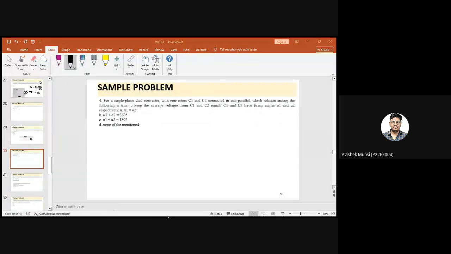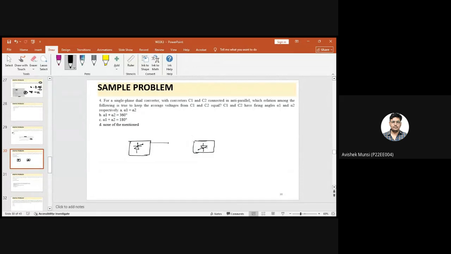So for your understanding, I'm saying that the dual converter has two bridges. Okay. So if you have a bridge and if you have another bridge in an inverted way, this is a dual converter.